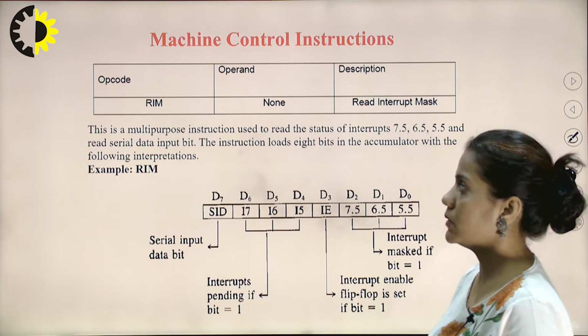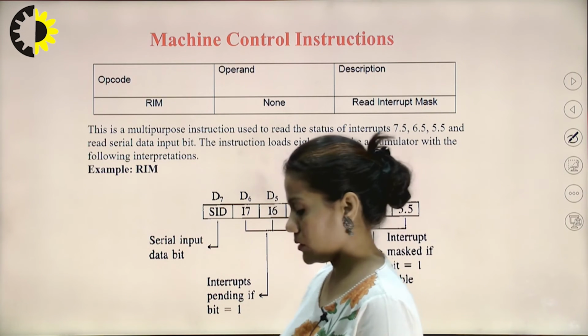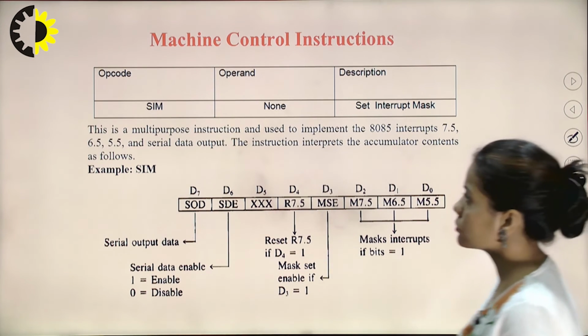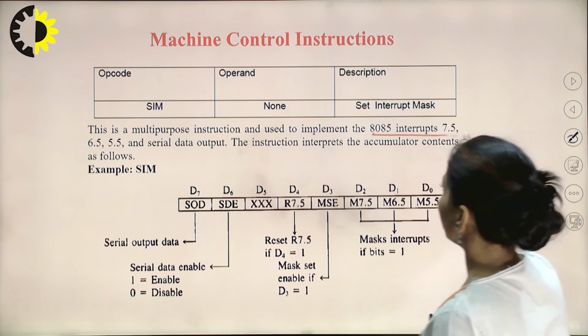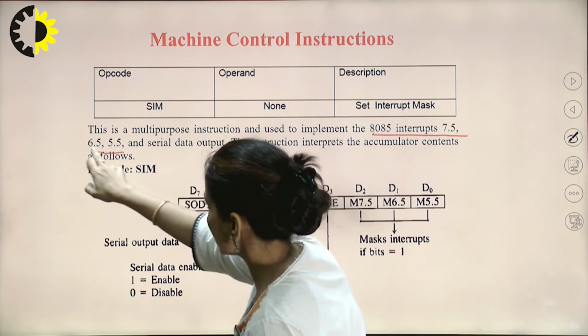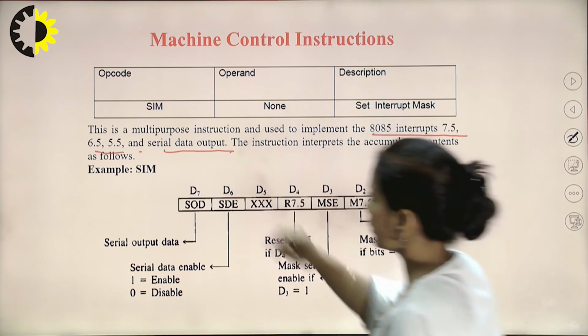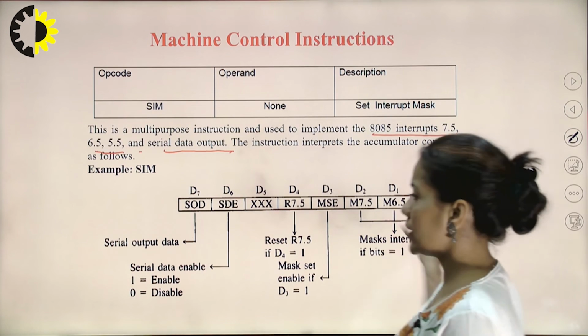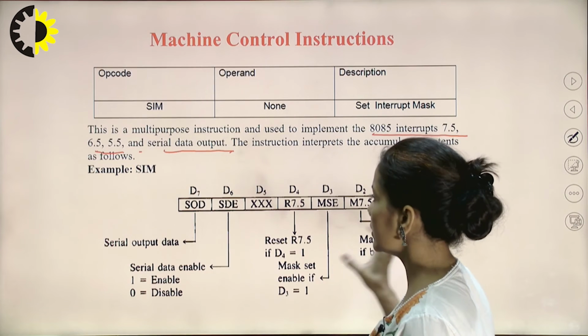RIM and SIM, these are two instructions. First of all, we will discuss the SIM instruction. This instruction is used to implement the 8085 interrupts, that is 7.5, 6.5, 5.5, and serial data output. So, what is happening here? Let's have a look at the syntax first.